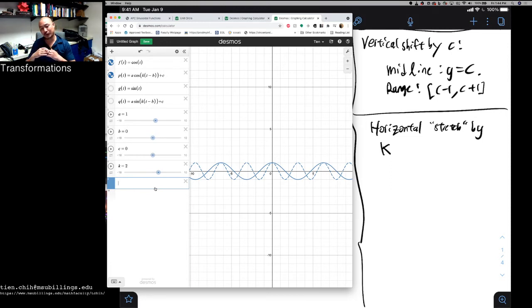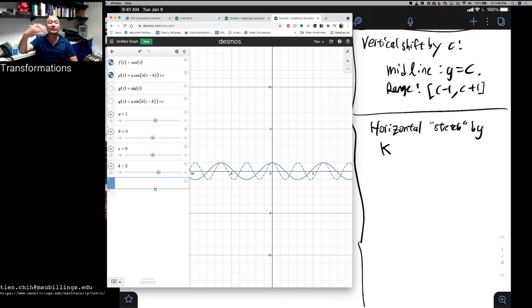And so what we see here is that our values still range between 1 and -1, right? Our midline is still 0. Our amplitude is still 1 because we haven't stretched this way at all. But things are happening twice as fast now, right?